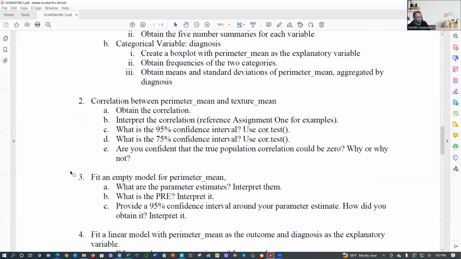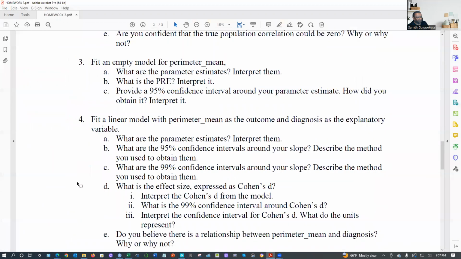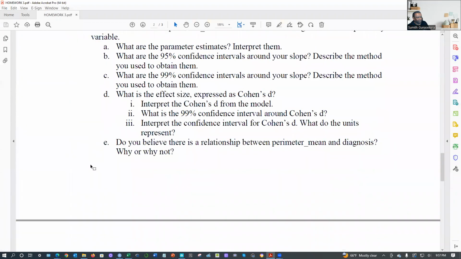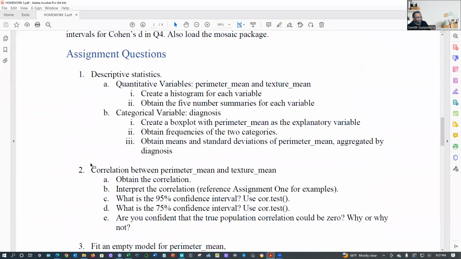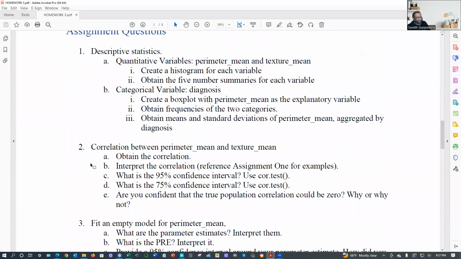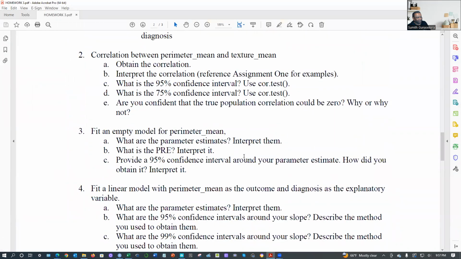So they're going to ask us to do this. Especially this one, fit on the slope. I'm not going to go to that one, since we are here for the mean. Fit an empty model for the perimeter mean, number 3, and provide the 95% confidence interval around your parameter estimate.